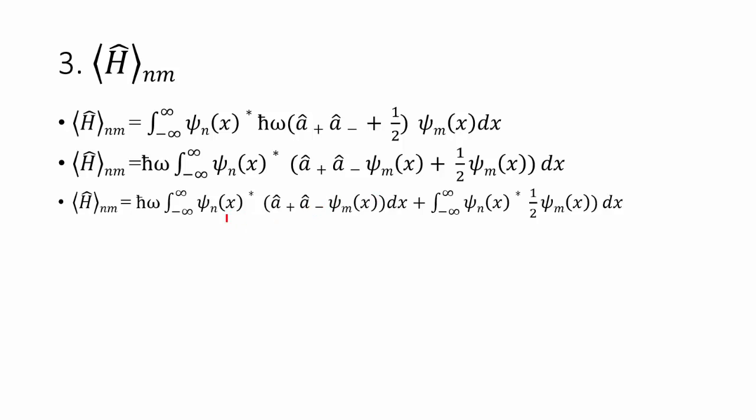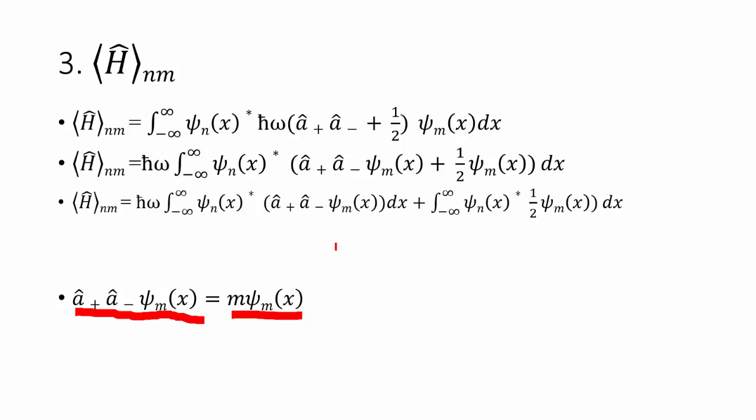And we can further distribute it into two different integrals. One with a+ times a− operating on ψ_n, and the other is basically ψ_m times 1 over 2 times ψ_n. And we know that a+ times a− times ψ_n equals n times ψ_n from the previous problem.